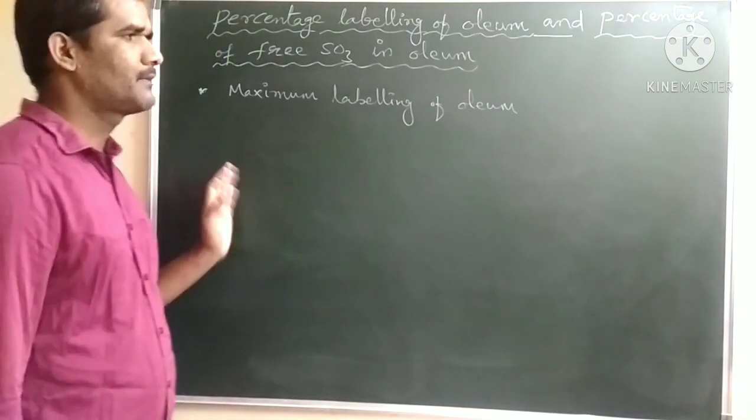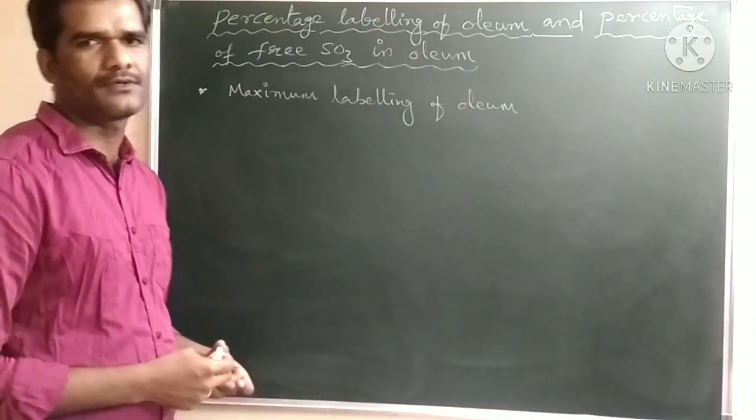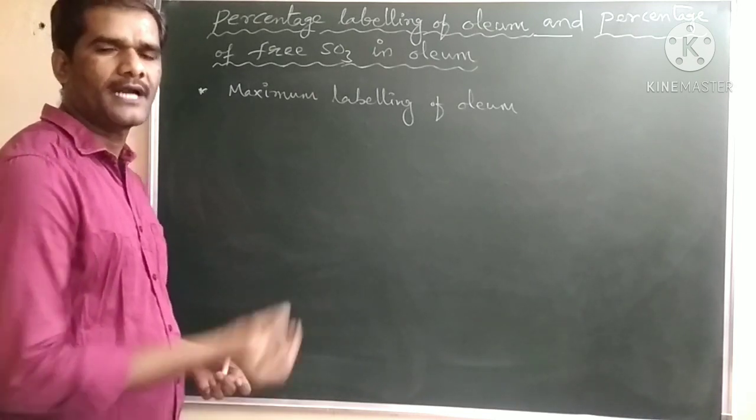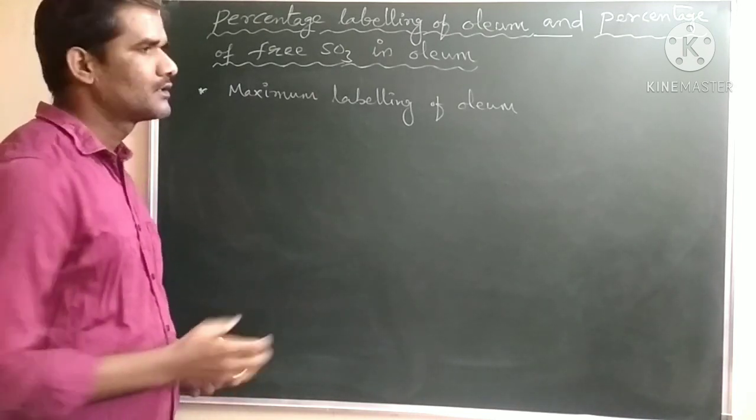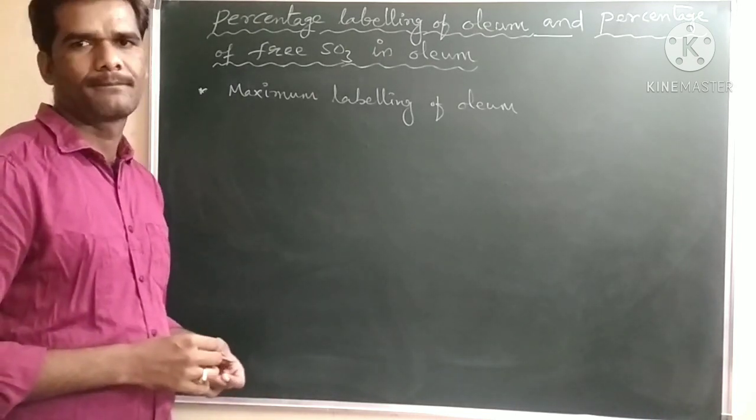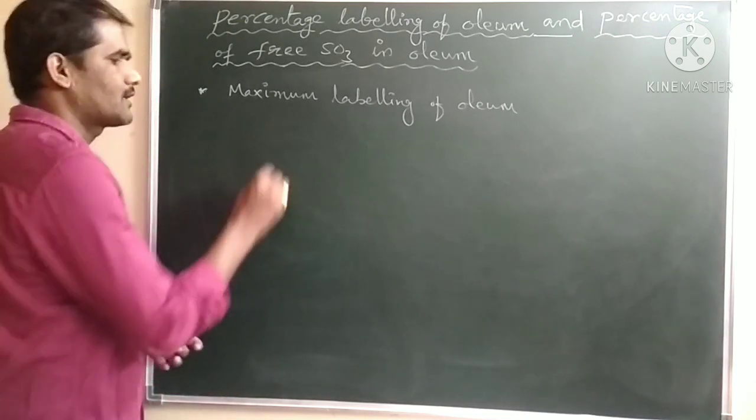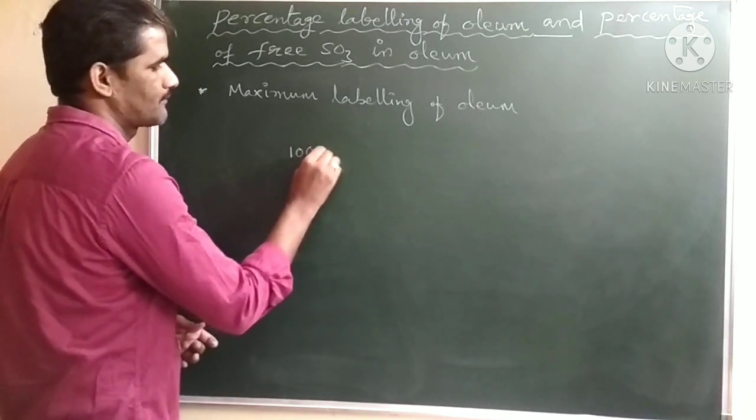Maximum labeling of oleum means the maximum amount of H2SO4 produced after adding a certain amount of water to 100 grams of oleum. So let us take 100 grams of oleum.